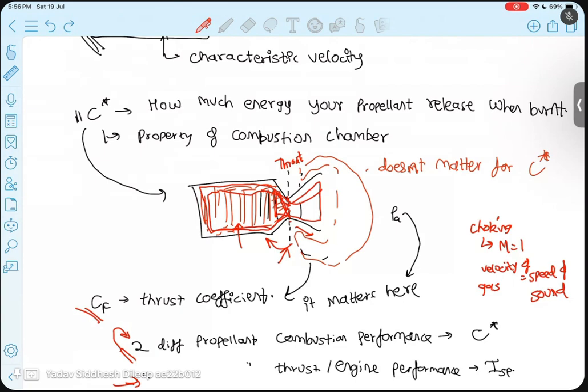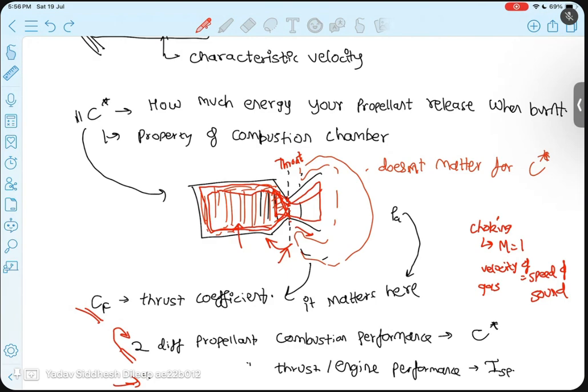Now you have combustion happening. There is high temperature and the molecular products have some molecular weight. At the end of the day, you have to accelerate the gases to higher velocity. So how much maximum velocity you can accelerate your gaseous combustion products to is the characteristic velocity.